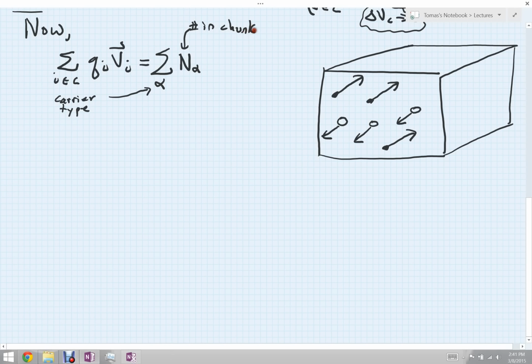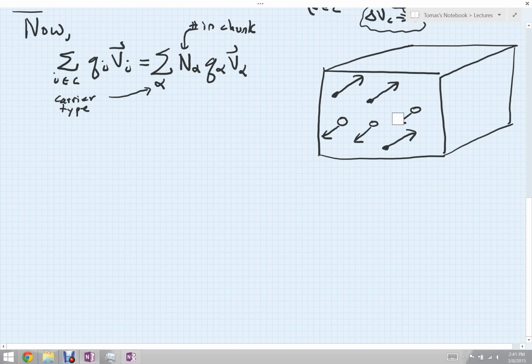So when I am supposed to sum over all the particles in my chunk, since all the ones of type alpha are behaving the same, I'll just get the same property over and over again N times, where N is the number in the chunk, and then what it multiplies is the charge q_alpha on my carrier times the velocity that that type of carrier happens to have when it's inside of my chunk.